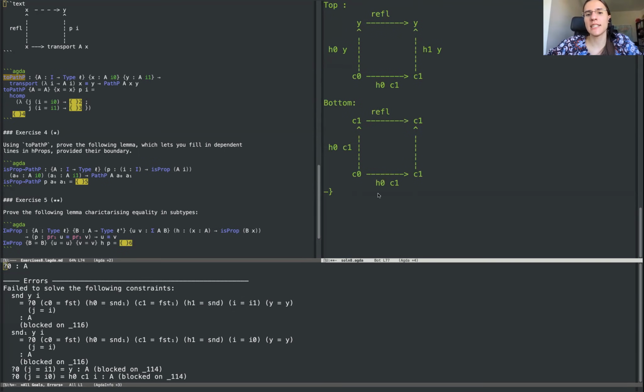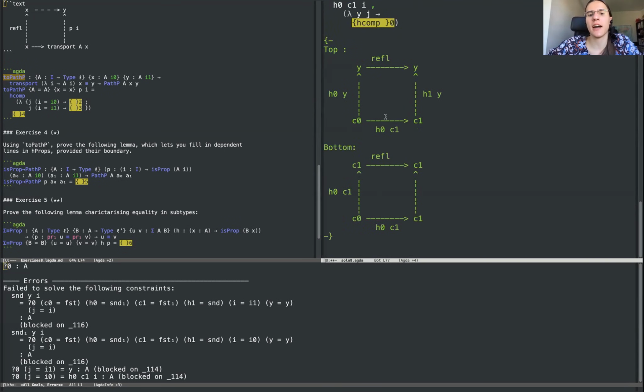Okay, so this is something that I'm able to do. And then the question is, am I going to have a way to fill in the sides to connect these two things? And the answer should be yes.